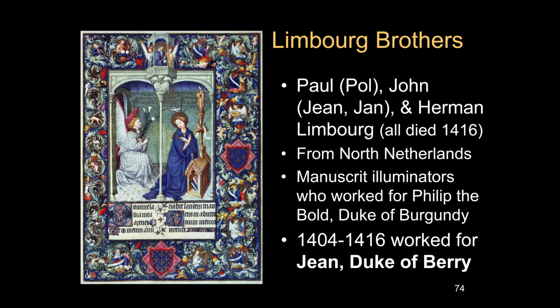Or you may see John as Jean, French, or Paul. And sometimes John or Jean will be Jan, because he's from the Netherlands, so Nederlands or Dutch. These are the three manuscript illuminators whom we call the Limbourg brothers.